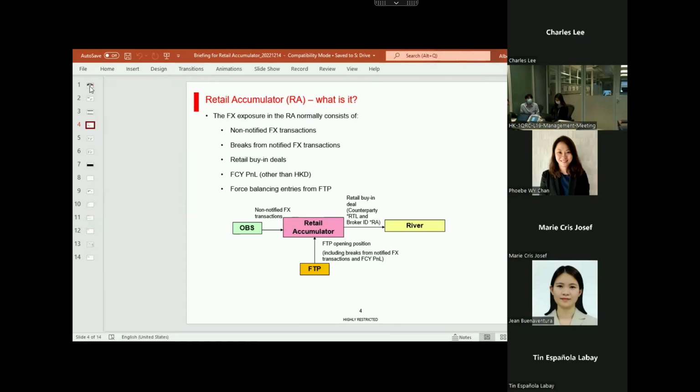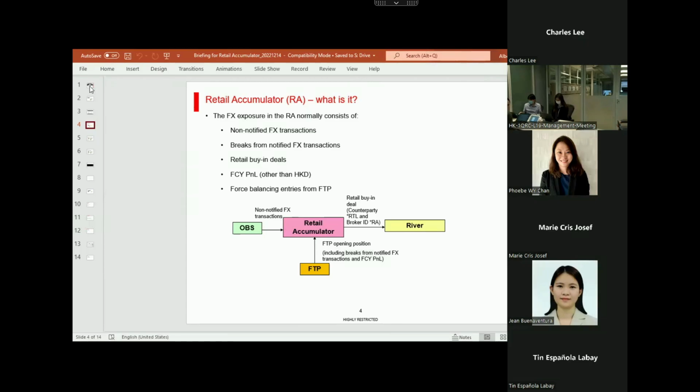And retail buying deals are the hedge deals that the trader books to transfer the exposures from RA to the trader portfolio. And the foreign currency P&L, as I mentioned earlier, is the component which is more relevant to all the PCs.